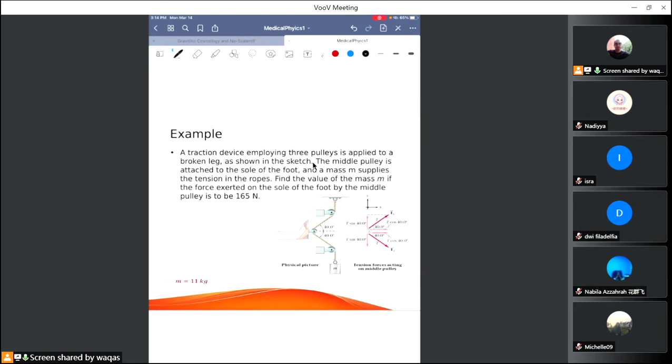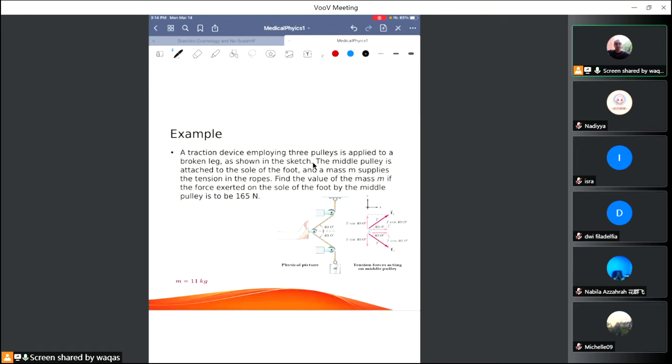Now let's try to solve this example, and then we can understand what is happening. For example, an attraction device employs three pulleys. So we have three pulleys: one, two, and three.